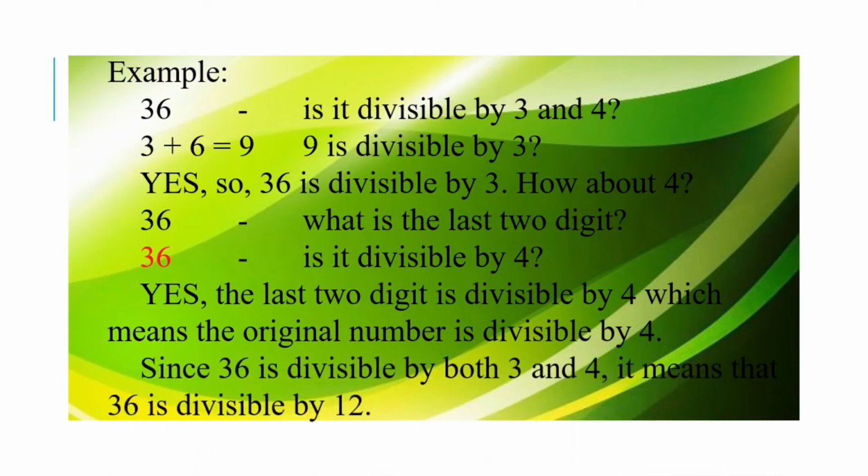Since 36 is divisible by both 3 and 4, it means that 36 is divisible by 12. Okay, so take note, you cannot find out if the number is divisible by 12 if you will not try the divisibility rule of 3 and 4.